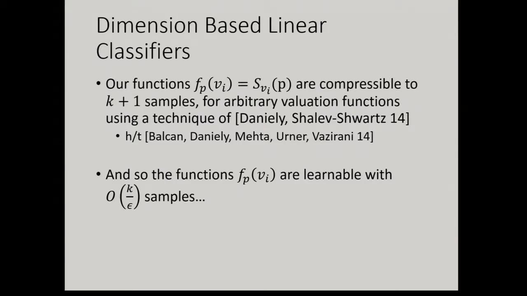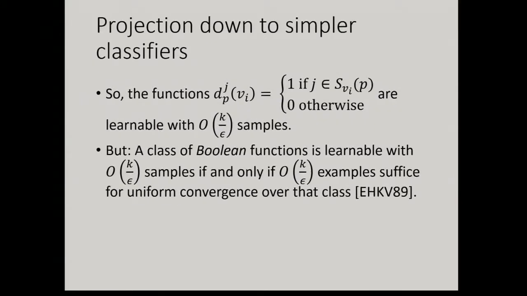And Ruta is in the audience. I don't know if any of the others are. Using this technique, you can relatively straightforwardly argue that this class of functions mapping prices to bundles is compressible. Okay? If you haven't read this paper, you should. It's a nice class of functions from an economic context that turns out to be easily learnable. And so the result is these functions are learnable, and we get uniform convergence with only k over epsilon samples.